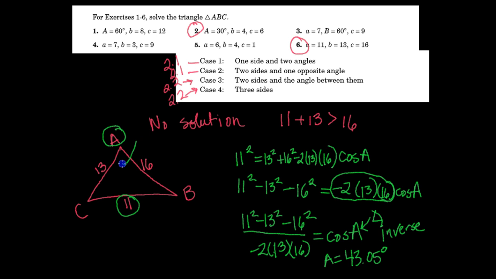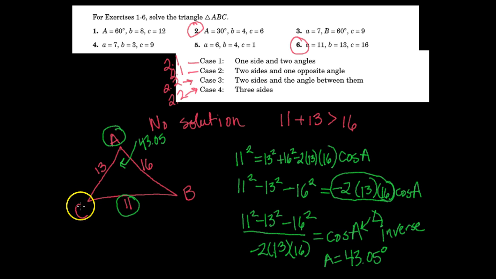So this angle right here is 43.05 degrees, and we're going to do the same kind of setup. So I'll set it up and we'll get the answer. It doesn't matter which one you use. Oh, you know what? You don't even need to. I was just going to say you can do the same similar thing. It's actually, in my opinion, just as easy to do that.